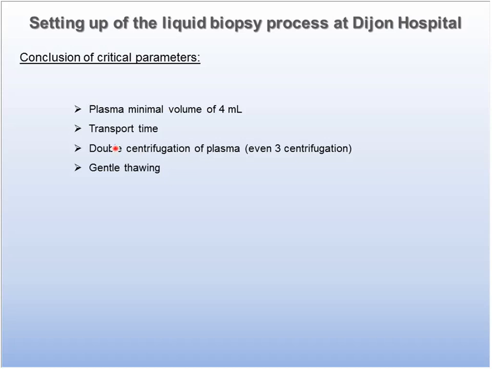We also perform a double centrifugation, particularly to avoid the extraction of cells present in plasma. And finally, we respect a gentle thawing, also in order to limit the degradation of the sample.